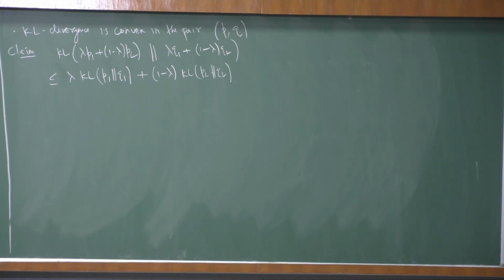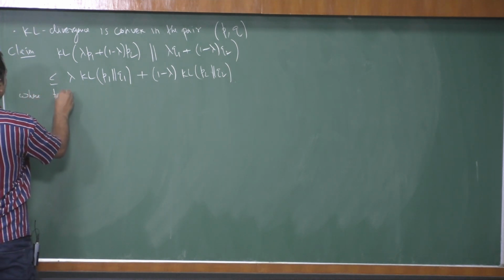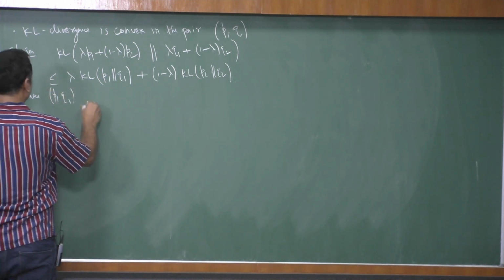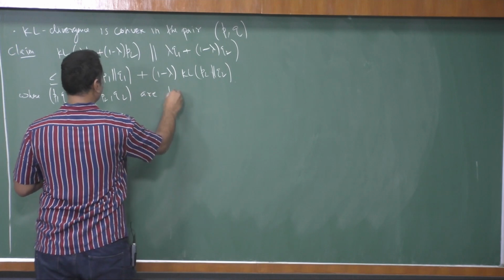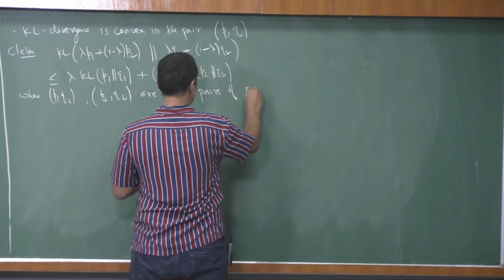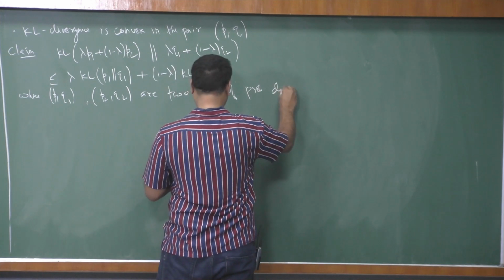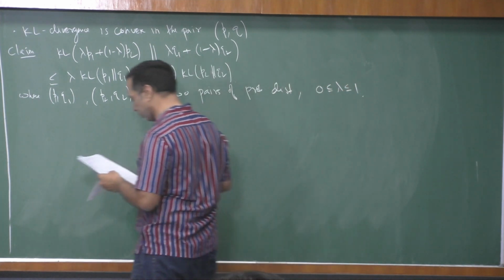When we are proving convexity for a pair, this is how we prove it. This is what we are supposed to prove, where (P1, Q1) and (P2, Q2) are two pairs of probability distributions, and obviously 0 is less than or equal to lambda, which is less than or equal to 1.